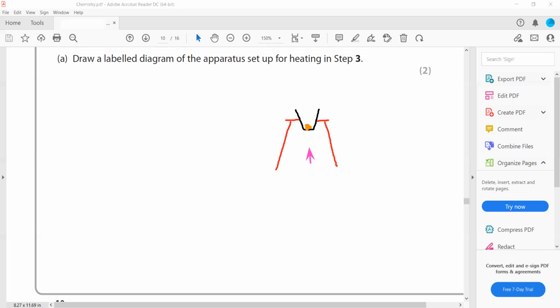So it should be all level. This is a crucible. Here the hydrated zinc sulfate is there, and here the tripod stand with a wire gauze or a net is there, and we have a heat source from the bottom.